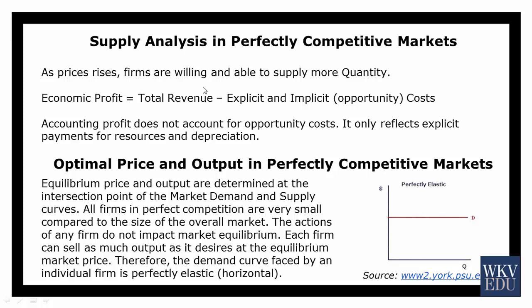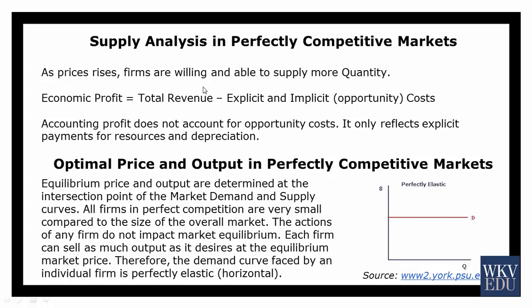So why would any other person, any other seller come to you? This would make it impossible for the firm that raised the price to survive or set its own prices, and therefore firms in perfect market conditions are known as price takers and not price makers. I'm sure you've heard these two concepts, but that's the main reason.